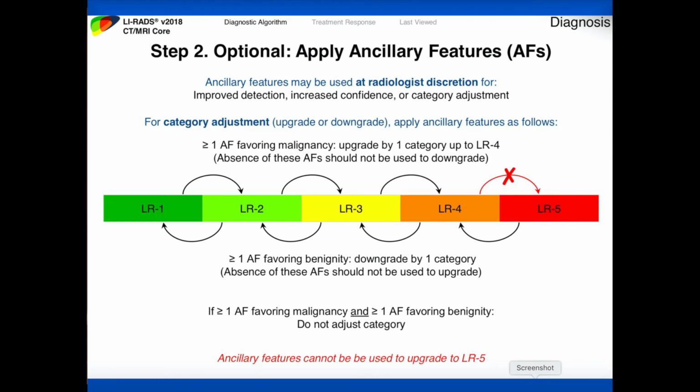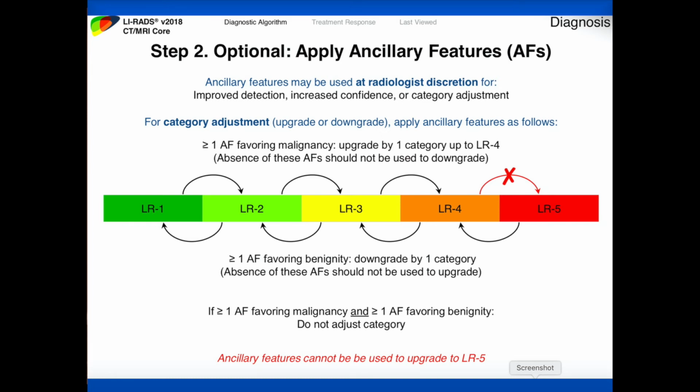You can downgrade an LR5 to an LR4 and so on, but you can't upgrade to an LR5 with ancillary features. Now notice that if you have 1 or 5 ancillary features that favor HCC, you only can upgrade one category. Similarly, if you have 1 or many features that favor malignancy, you can only downgrade one category.